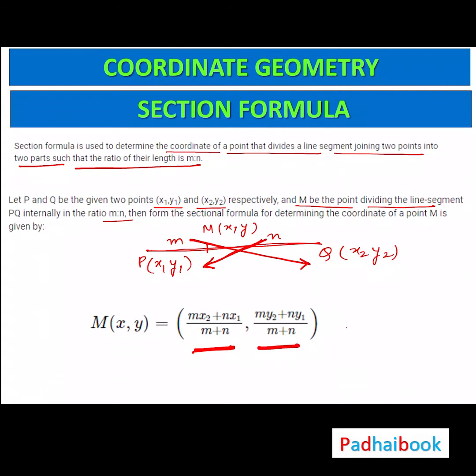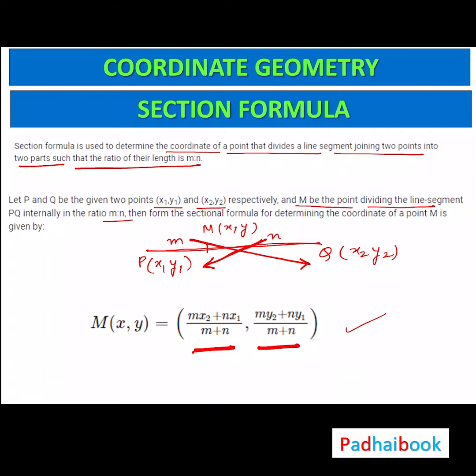Similarly for the y coordinate, m into y2 plus n into y1 divided by m plus n. Now let's see the proof of this section formula. So please do remember the easy way. It's a cross multiplication: m into x2 plus n into x1, whole divided by m plus n.